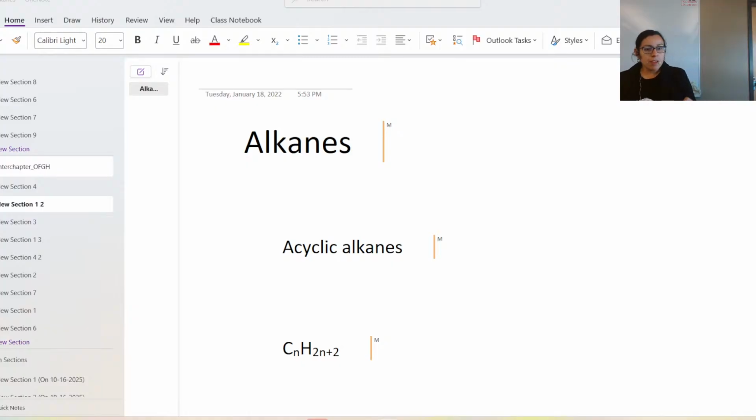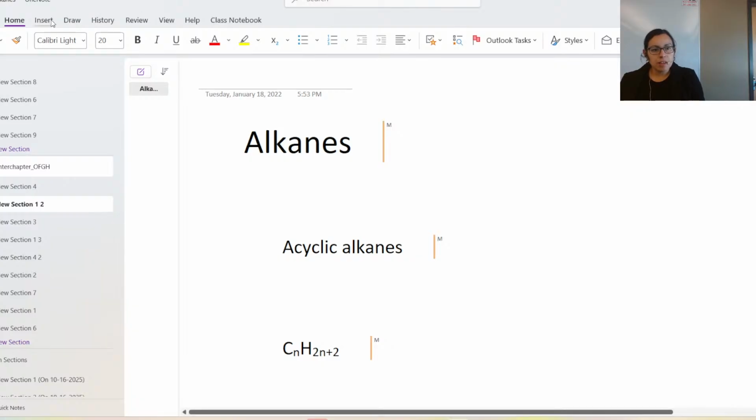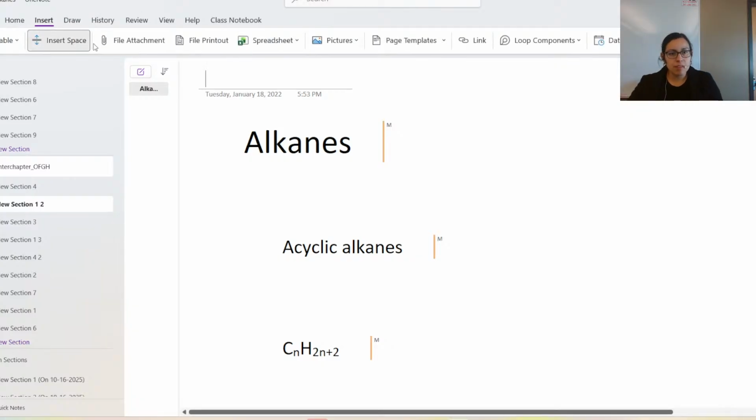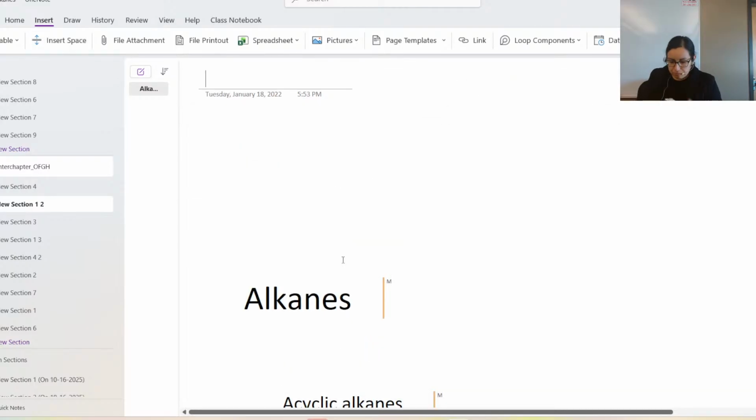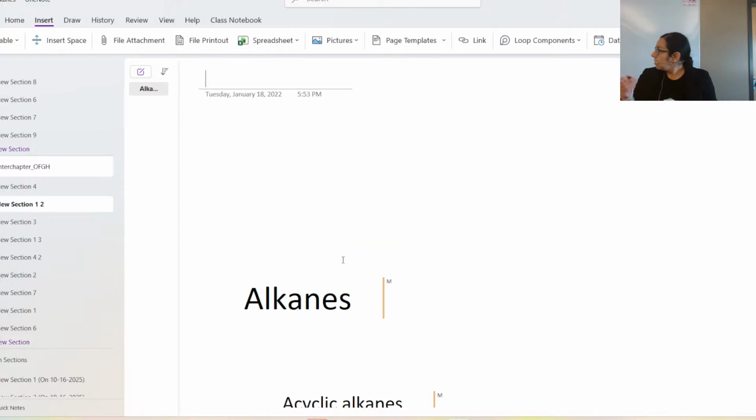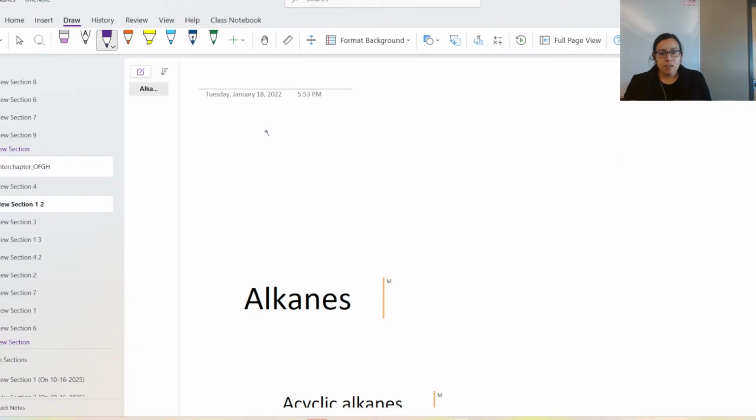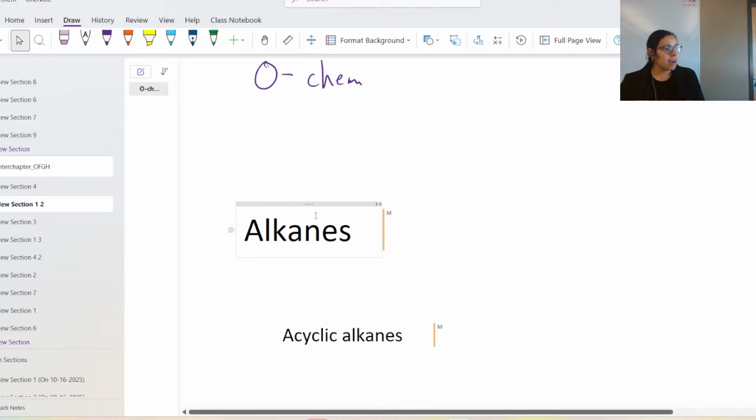And so now we're looking at organic molecules and just starting again simply with this so that we have a foundation for OChem. And I know not everybody's going on to OChem, but it's at least good enough to get some sort of basis. All right, so we start off with our alkanes.